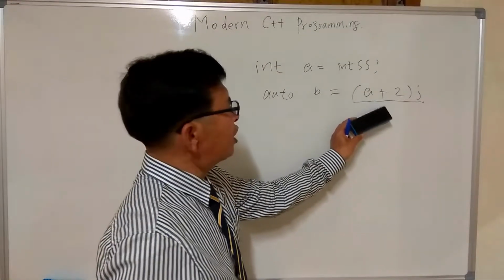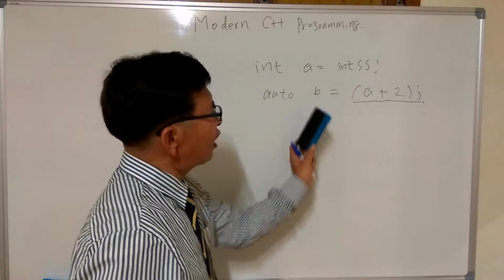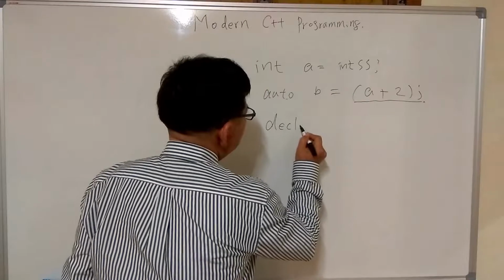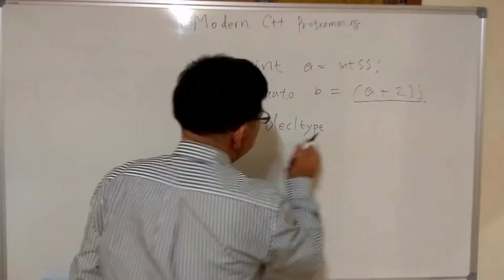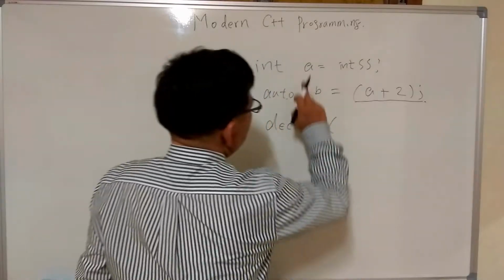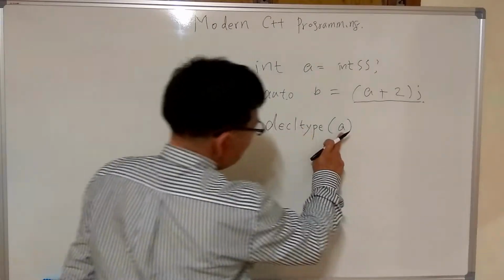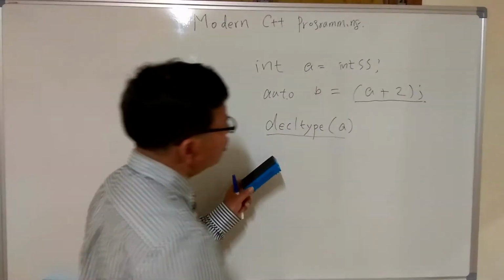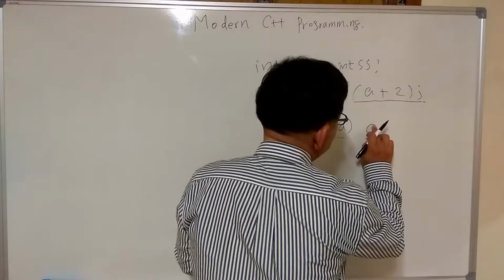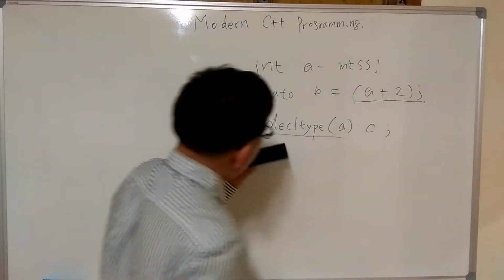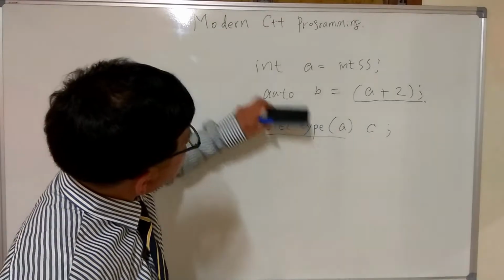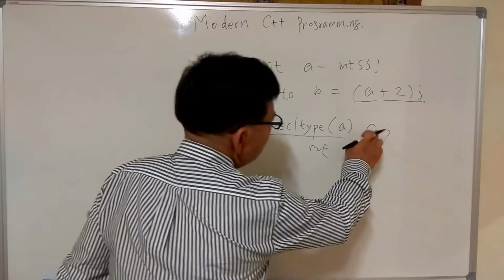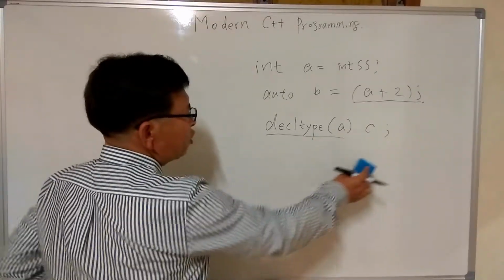This is the initializer. We always have to specify an initializer like this. But when we use decltype, this means the type of a, then we can introduce a new variable named c. In this case, because we already know this part is the type of a, it is actually int. We don't need to specify, we don't need to initialize.